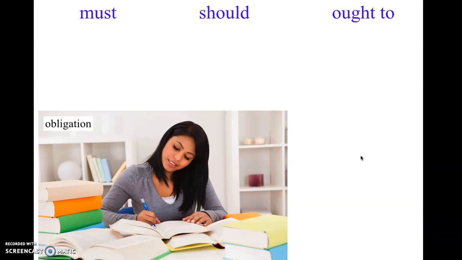So, for example, as a student, you are supposed to, required to, expected to study. So this lady might say, I must study for my test. This is something that she has to do. She is expected to do, to study. Maybe she expects it of herself.